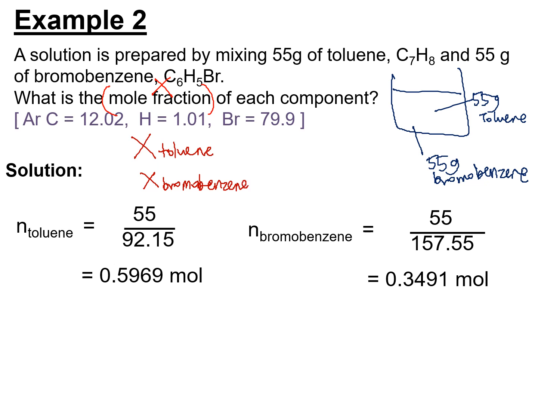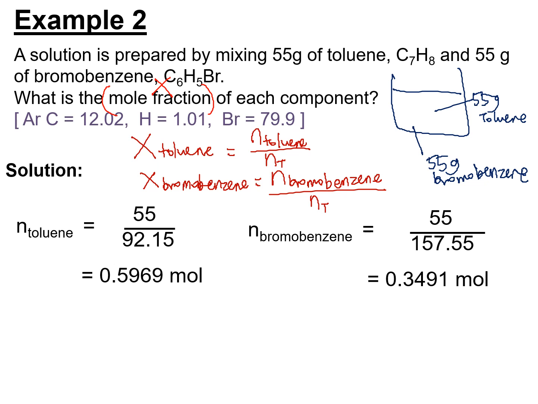So, tulis sahaja formula supaya kamu boleh tahu nanti kamu nak kena cari apa. So, kalau nak cari mole fraction of toluene, it will be number of mole of toluene divided by total number of mole for each of the components. And then, mole fraction for bromobenzene pula ialah number of mole of bromobenzene just divide je dengan total number of mole in the solution.